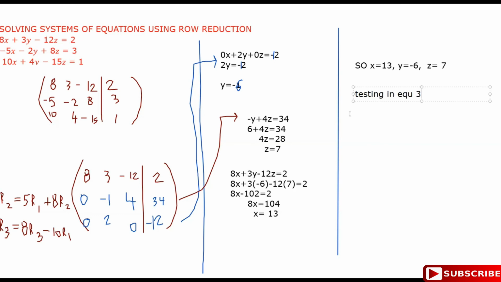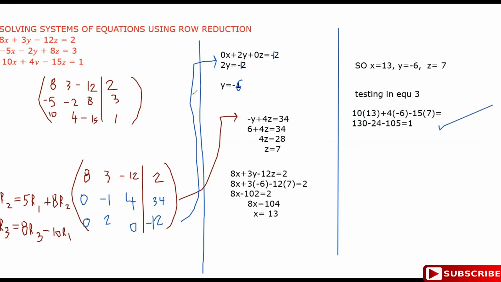To test it in equation 3, what we're going to get is 10 times 13 plus 4 times -6 minus 15 times z. z is 7. And what we get looks like 130 minus 24 minus 105, and that works out to be 1. So yes, the equation is true. Yes, it satisfies equation 3.